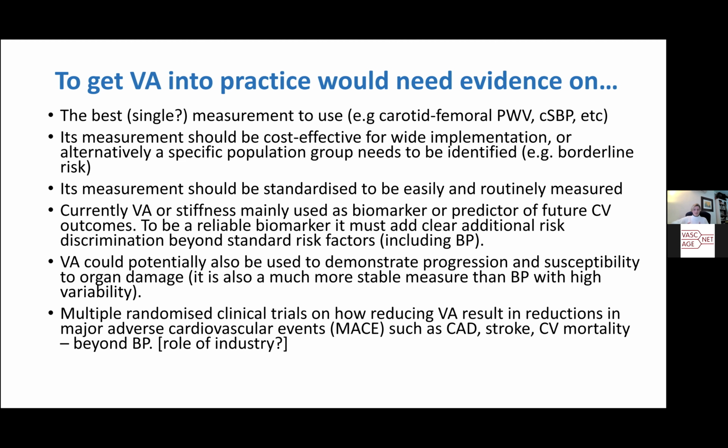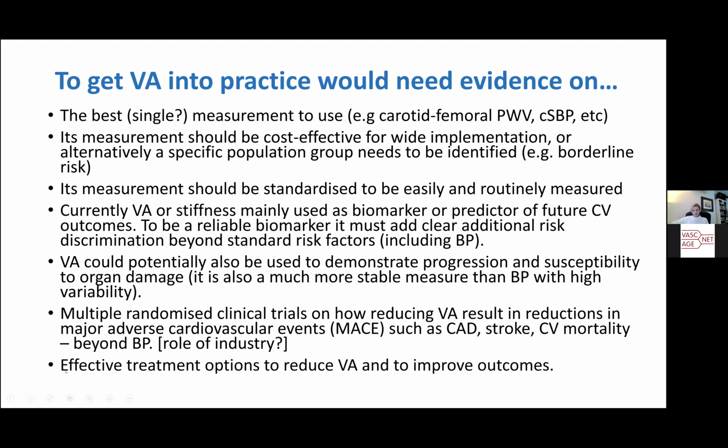So we are far from that with arterial stiffness, and that is the challenge, I think, because those studies were mostly funded by industry decades ago to prove that specific drugs are effective in reducing blood pressure. And now there's not typical funding or industry interest in terms of that amount of funding to run these trials with thousands of patients. And I think that is where potentially the bottleneck is in this process.